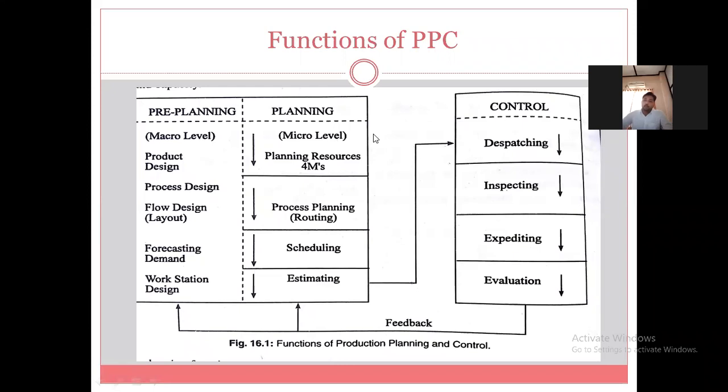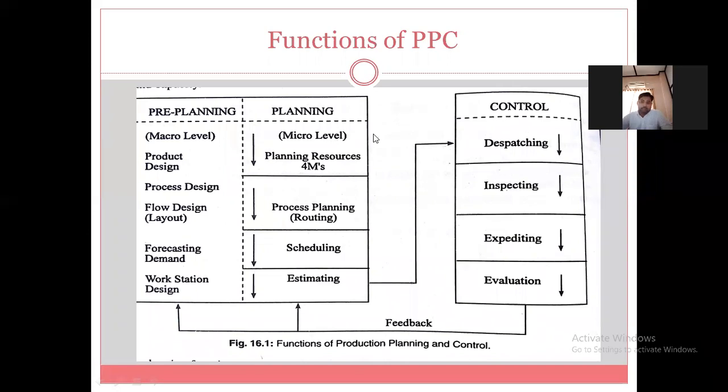So what are we going to decide in the planning level? Now here, in the actual planning, we are performing micro level planning. The initial stage of the planning phase is nothing but planning related to the resources. Here it is specifically mentioned that planning resources is nothing but planning related to the 4 M's.